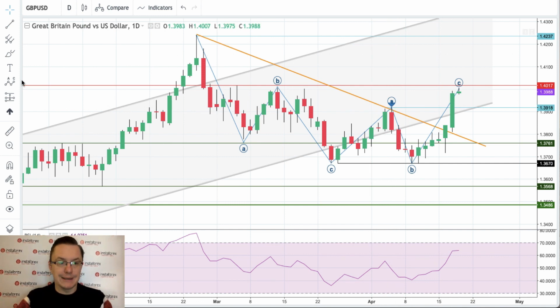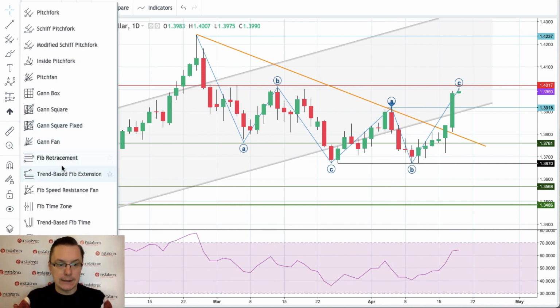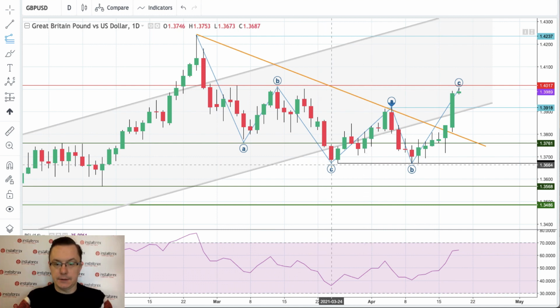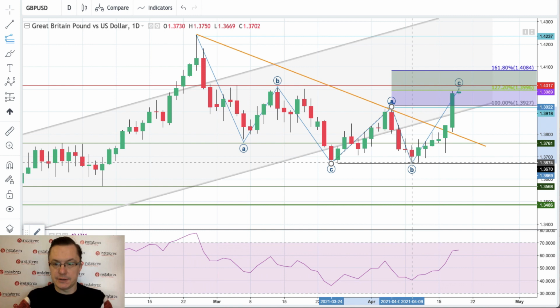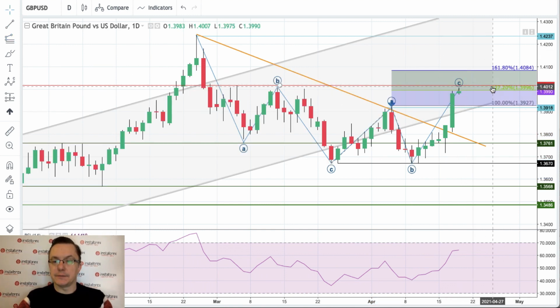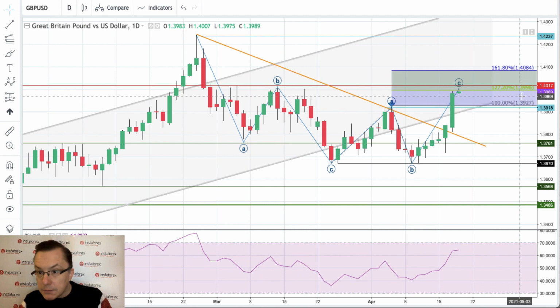And moreover, what we can see here is if we make some kind of Fibonacci measures, you can see we almost hit 127% of this extension of the wave A at 1.3996. So it's almost 1.4 basically.